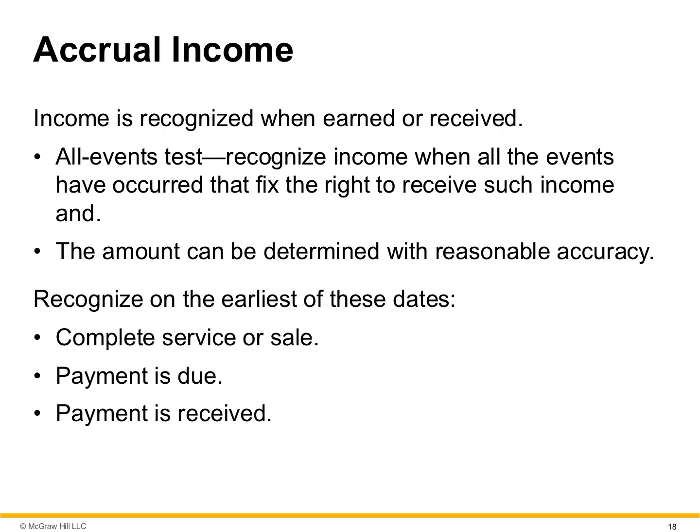Under the accrual method, income is recognized when it is earned or received, and usually that is when the all events test is met. The all events test recognizes the income when all the events have occurred that fix the right to receive such income, and the amount can be determined with reasonable accuracy.